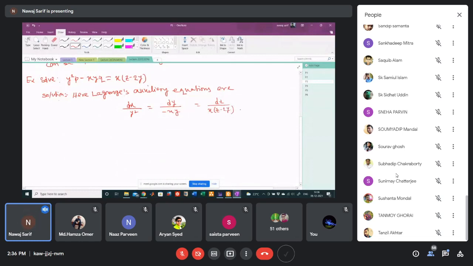Okay, this is the Lagrange's auxiliary equation. Now what to do? What is the next step? Tell me, what is the next step?